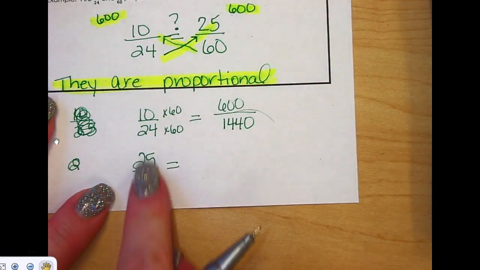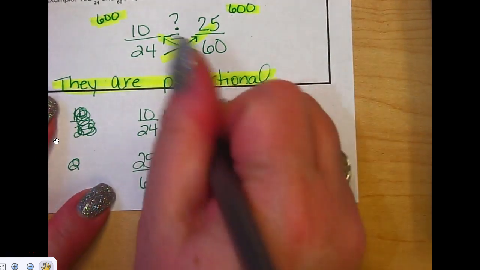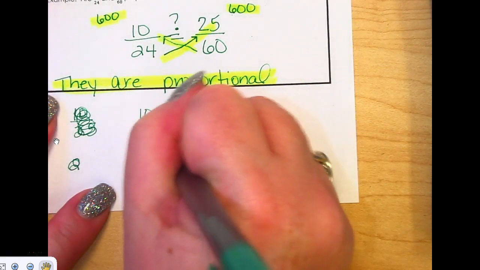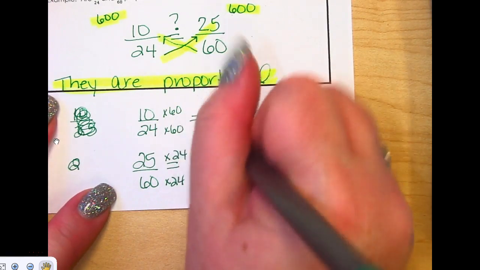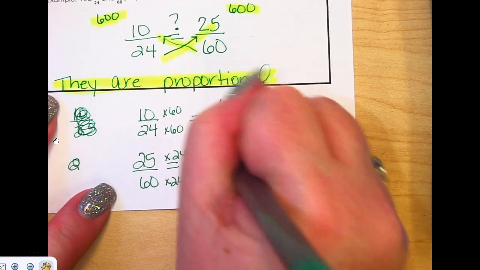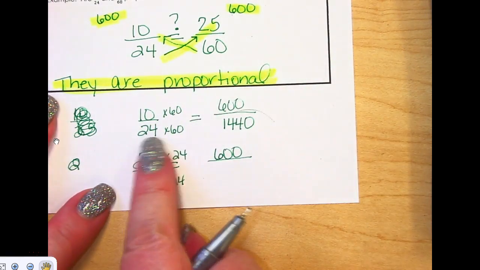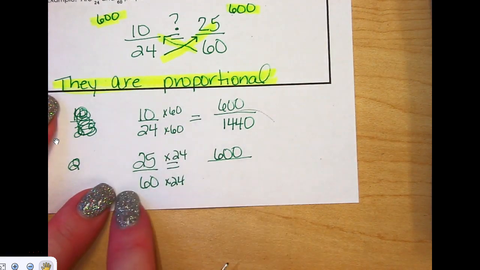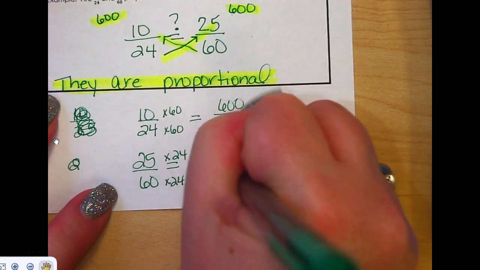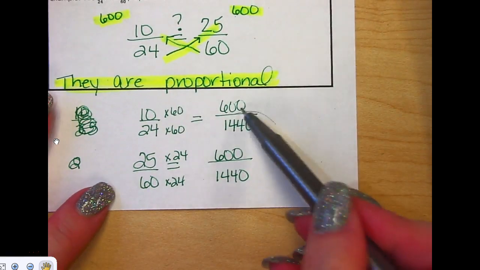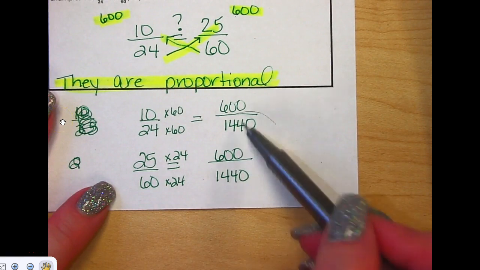And so then I would take this fraction and multiply it by this denominator. And I'm going to get 600 over, well, if this is 24 times 60, 60 times 24 is 1440. This is where that 600 comes from.